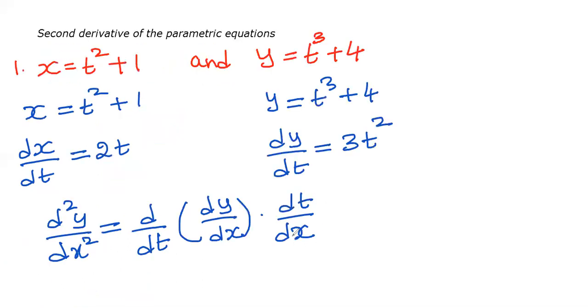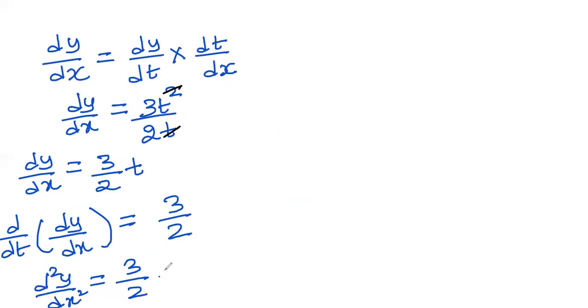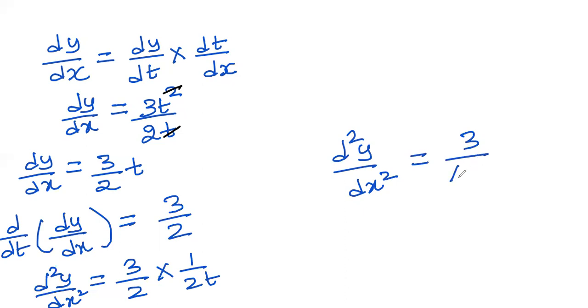So dt over dx will be 1 over 2t. Hence we have d squared y over dx squared is equal to 3 over 4t.